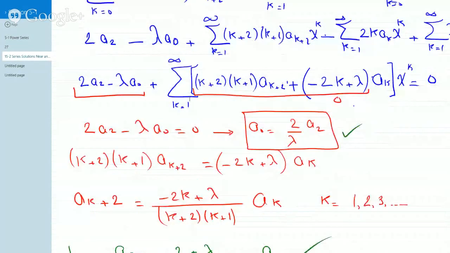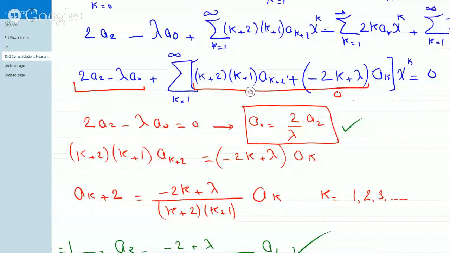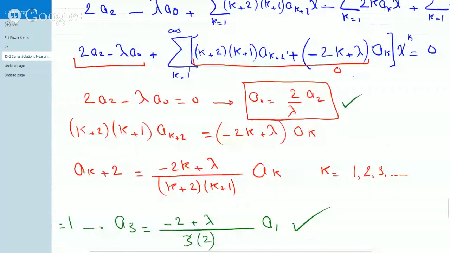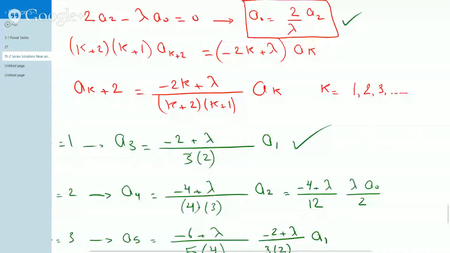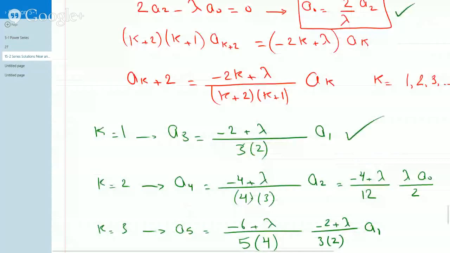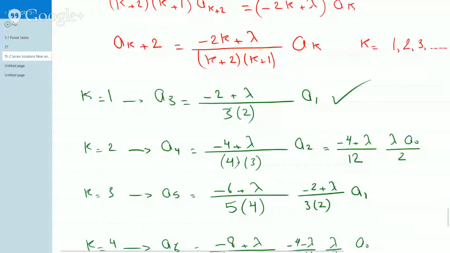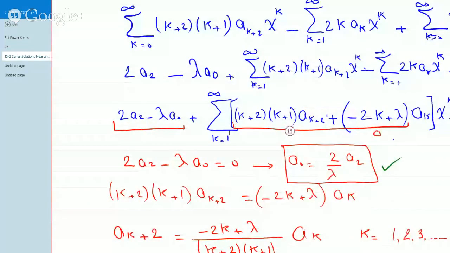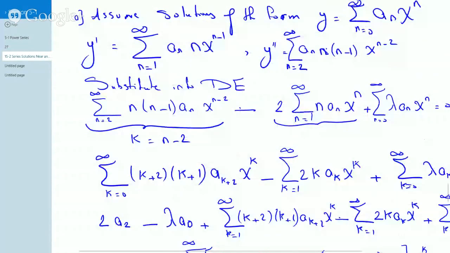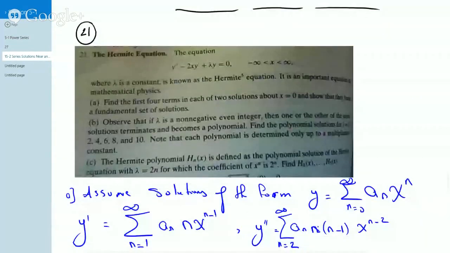We find that a2 was lambda over 2 times a0. And then we found the recursive relationship between a of k plus 2 and a of k. And then we started plugging in numbers, k equals 1, k equals 2, k equals 3, all the way down. One moment here. This is minus.